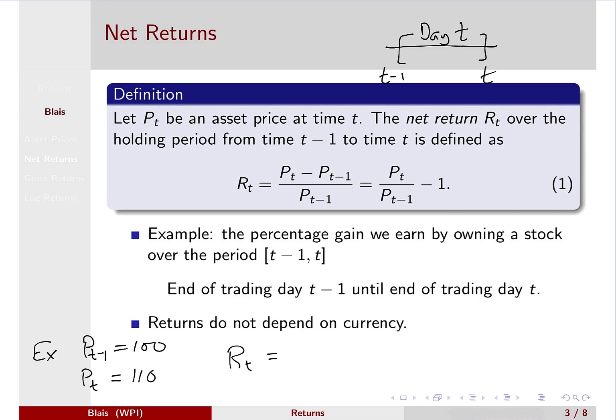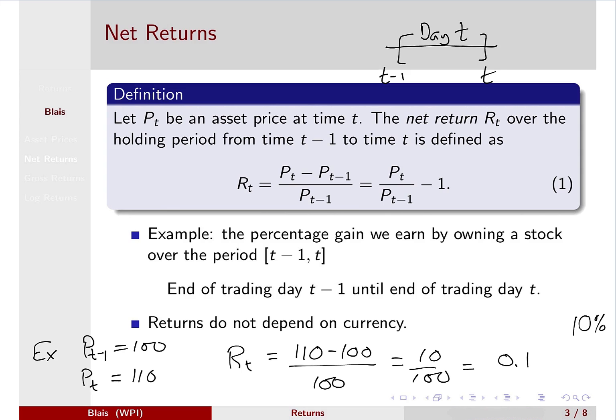But we can see that reflected here. So we would have 110 minus 100 in the numerator divided by 100, or 10 over 100, or 0.1, which is our 10% return on a percentage basis.